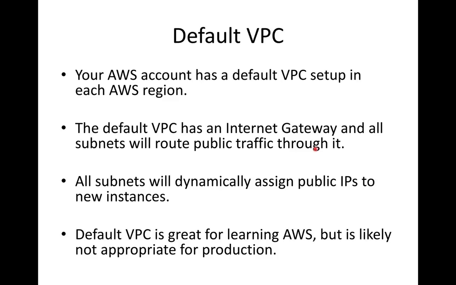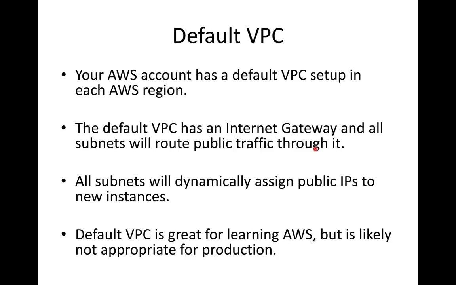When you first set up your account with AWS, AWS creates a single default VPC for you in each AWS region. And that default VPC has an internet gateway and it has a set of subnets. And each subnet is configured to allow public traffic to route to it.